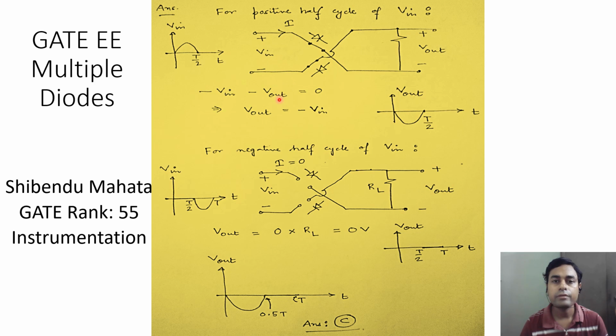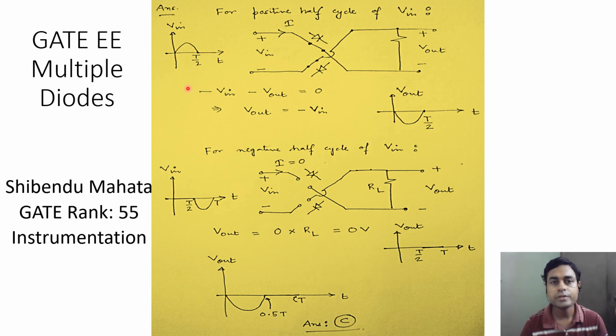And so what we can do next is apply KVL. If I start from this node, then minus Vin minus Vout should equal 0. Or we can find that Vout is in opposite polarity to that of Vin. So Vout is equal to negative of Vin.